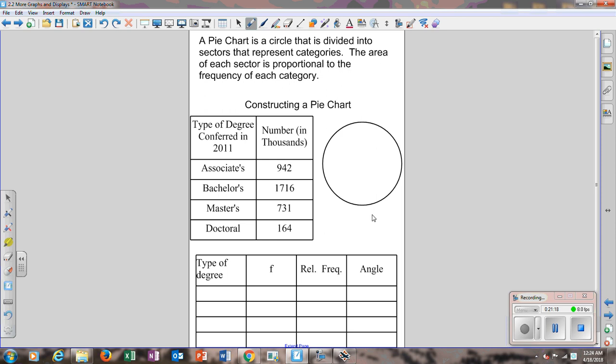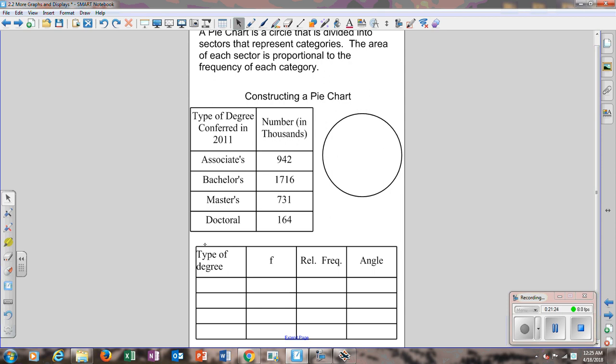So we're going to do in our chart type of degree. First type is associates, then bachelor's, then master's, then doctoral.